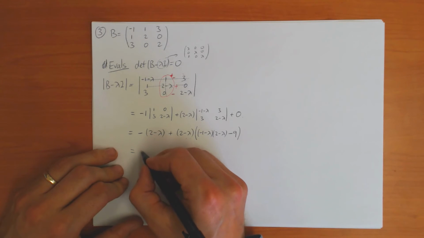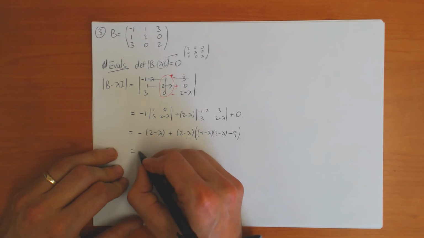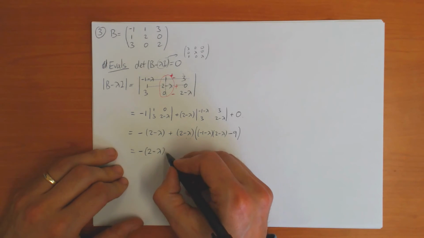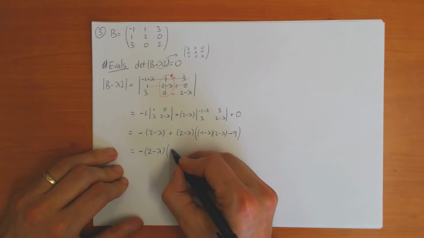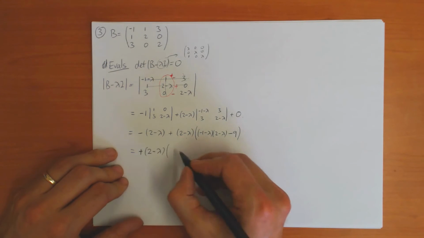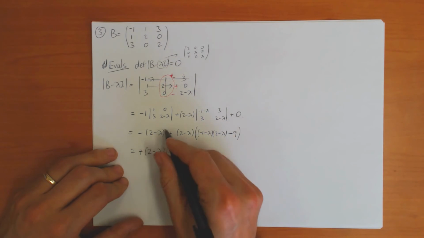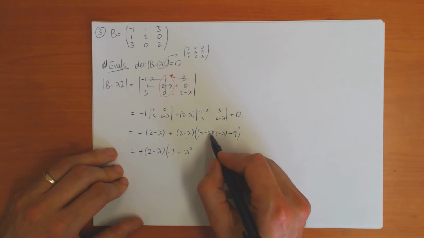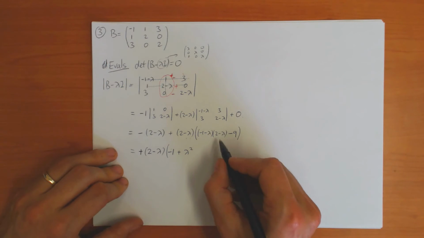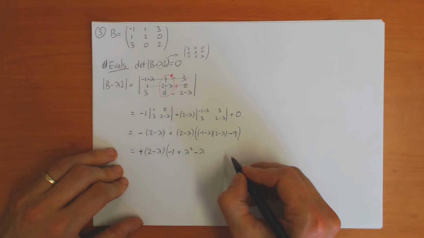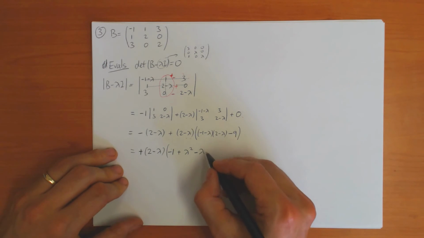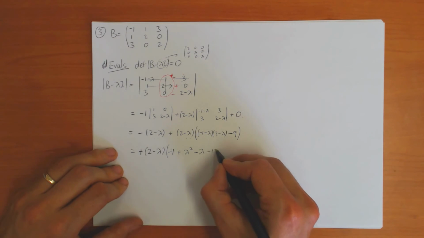So this is minus 2 minus lambda times, okay, so we can say plus. Then I get minus 1 from here, and from here I get plus lambda squared minus 2 lambda plus lambda, so that's minus lambda, and then I get minus 2 minus 9, which is minus 12.